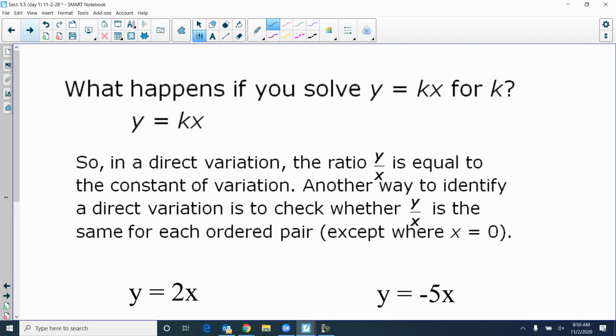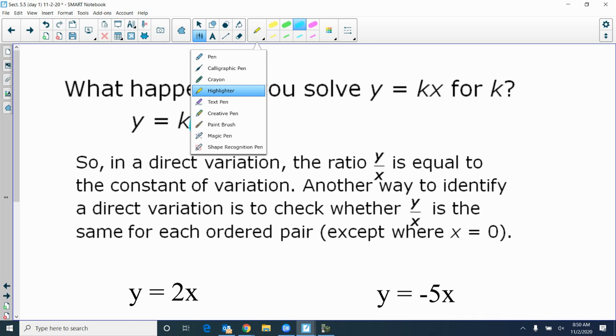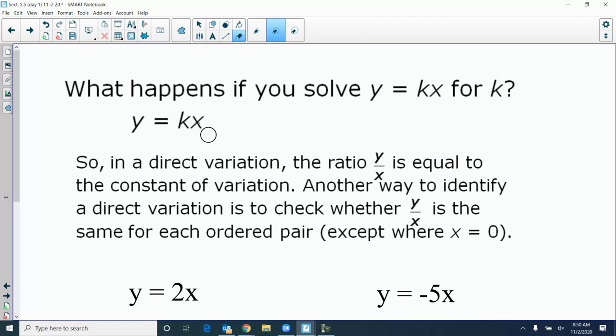I divide by x. So k is the same as y over x.